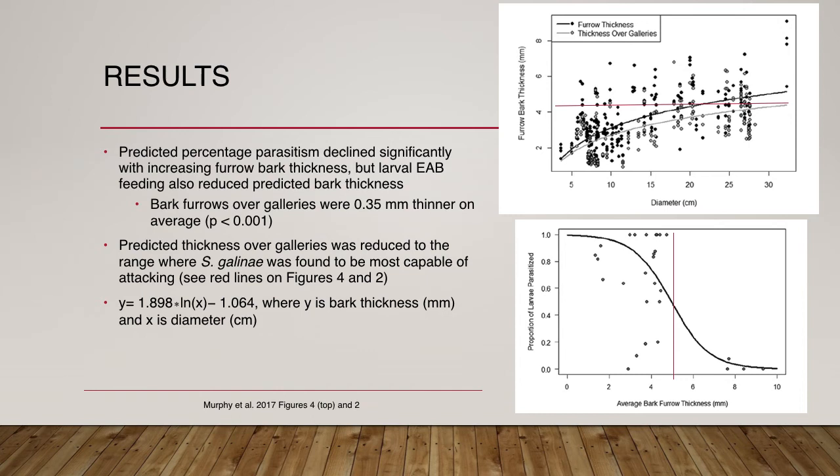And so as a result, the predicted thickness over the galleries was reduced to this range that you see with the red line in the upper right graph, which converged with the area where Spathius was found to be most capable of attacking, and that's the area to the left of the red line in the lower graph.